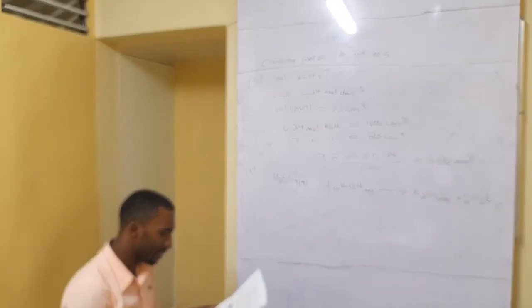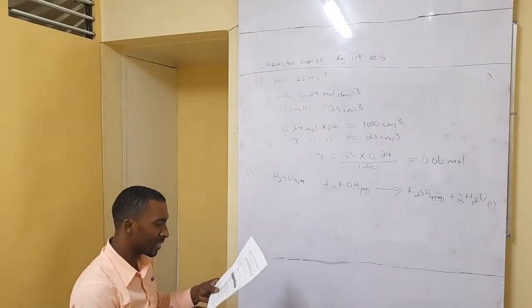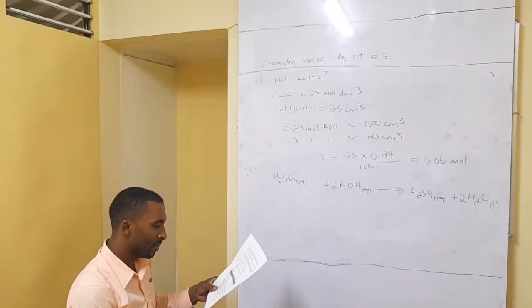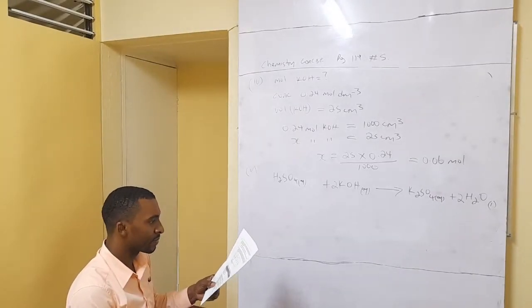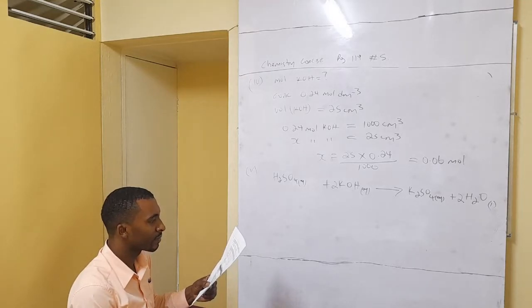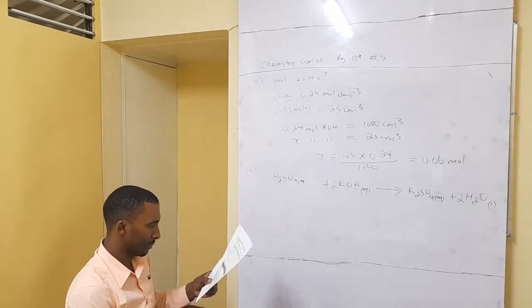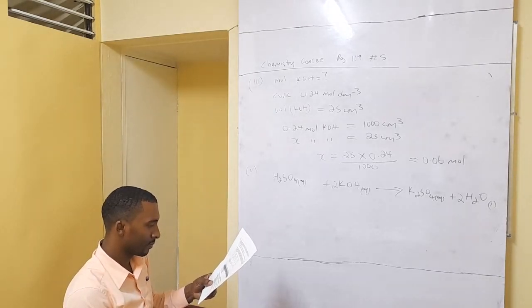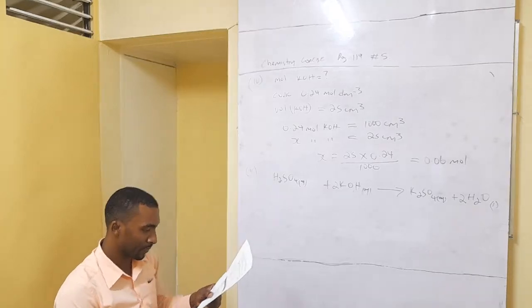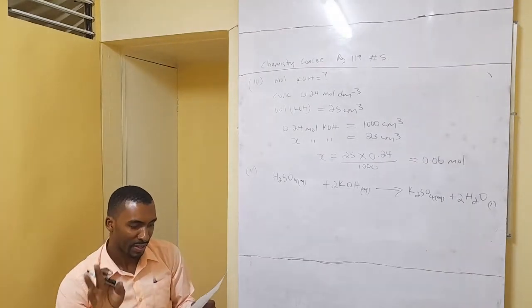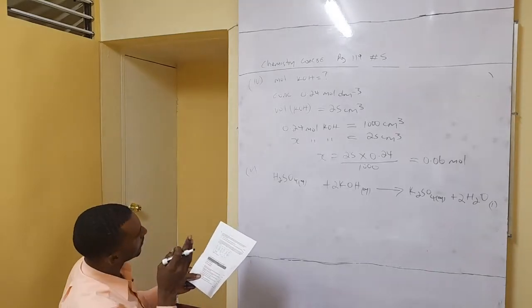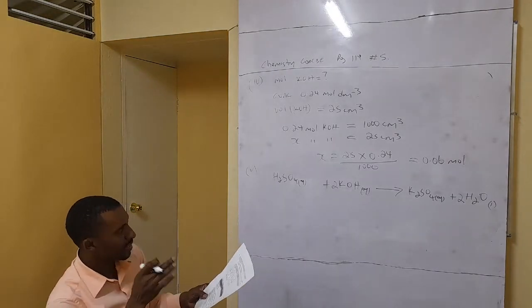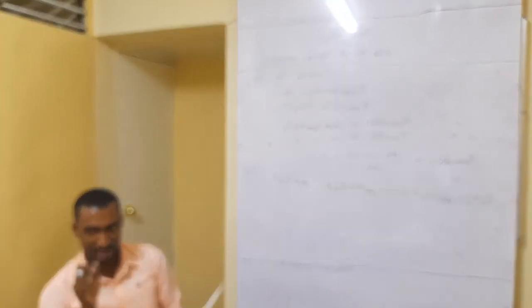Alright, so moving on, determine the number of moles of sulfuric acid in the volume of solution using the titration. Remember now, we don't have the concentration, but we know the number of moles of KOH and we have the balanced equation.